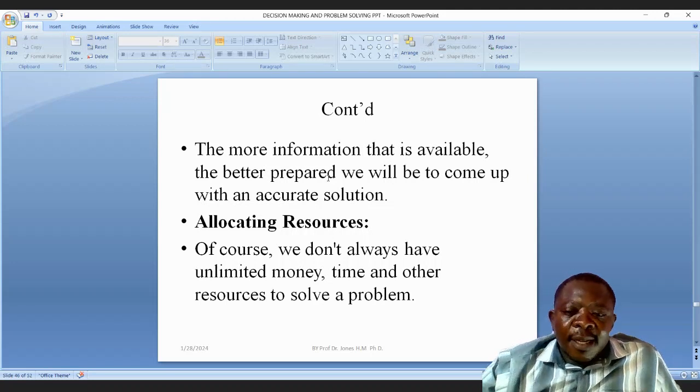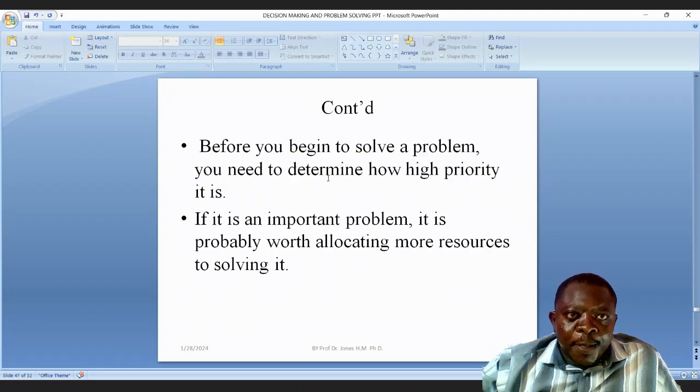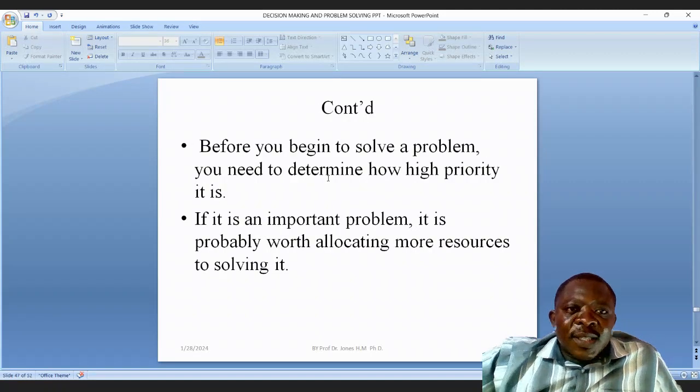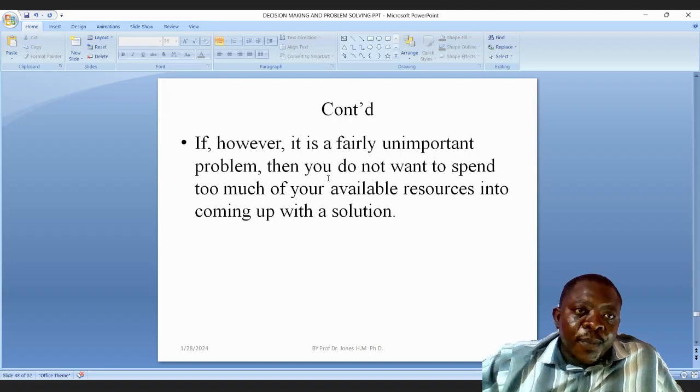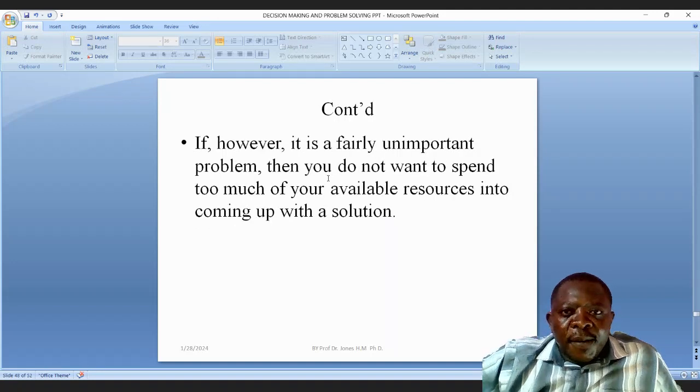So before you begin to solve a problem, you need to determine how high the priority is. If it is an important problem, it is probably worth allocating more resources in trying to solve that problem. If, however, it is a fairly unimportant problem, then you do not want to spend too much of your valuable resources into coming up with a solution.